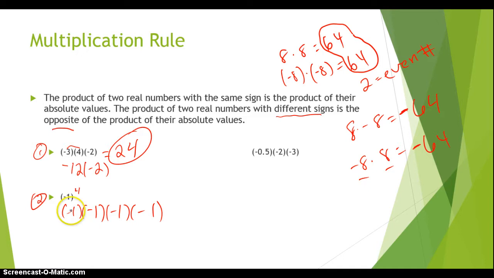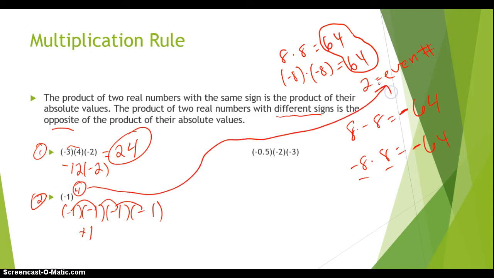So negative 1 times negative 1 is a positive 1, times negative 1 equals a negative 1, times another negative 1 equals a positive 1. Again, going back here, it's an even number. So if we have an even number of negative signs, we will automatically have a positive solution because they will cancel out with each other.